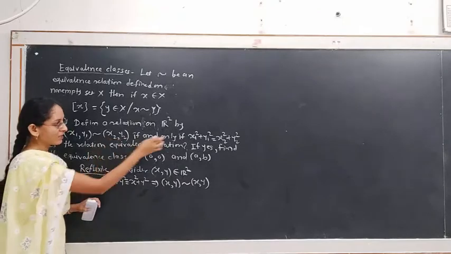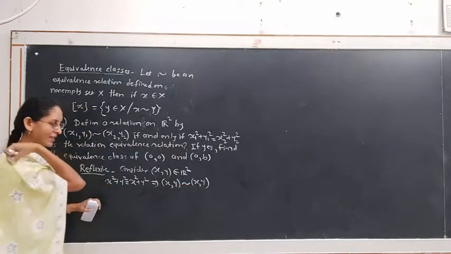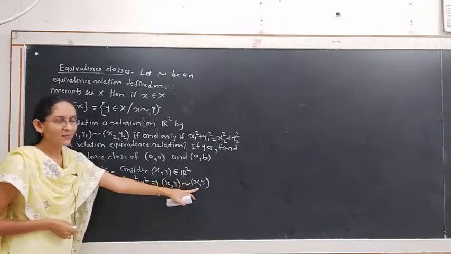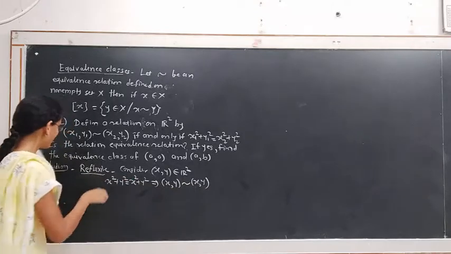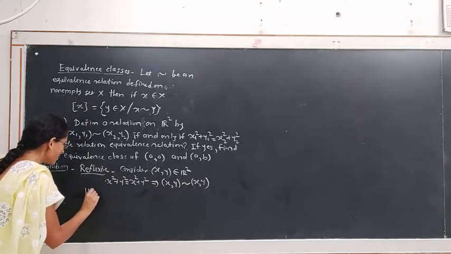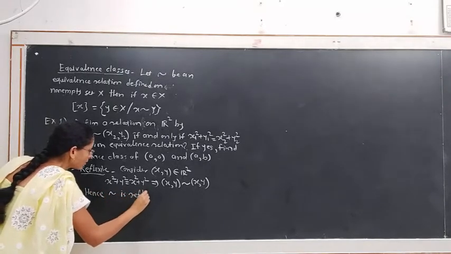This implies these ordered pairs (x, y) and (x, y) are related. Hence, every element of set R2 is related to itself. Therefore, the relation is reflexive.